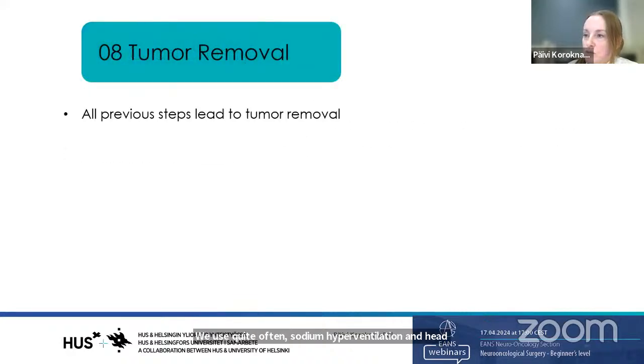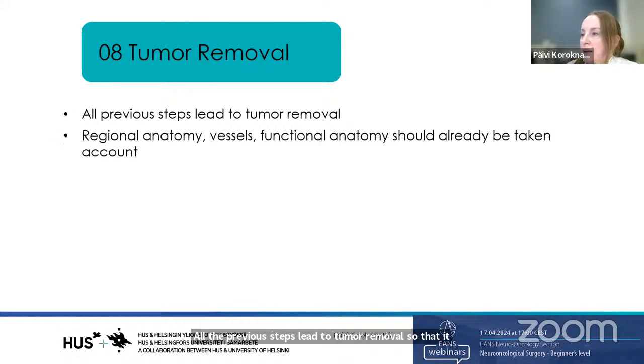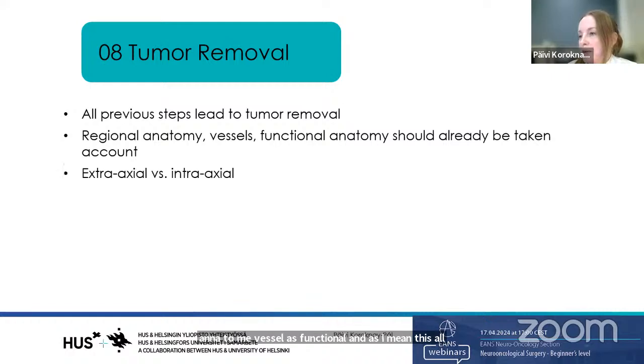So next to the tumor removal and all the previous steps, this is the 8th step. All the previous steps lead to tumor removal so that it would be really safe, fast, and efficient. And regional anatomy, vessels, functional anatomy, this all should be taken into account already much before this day.